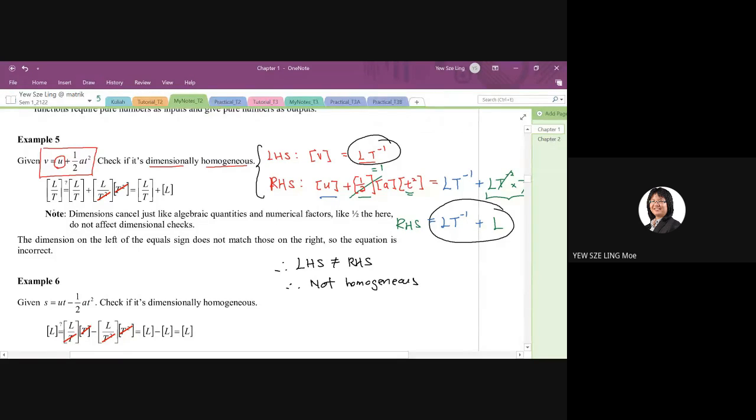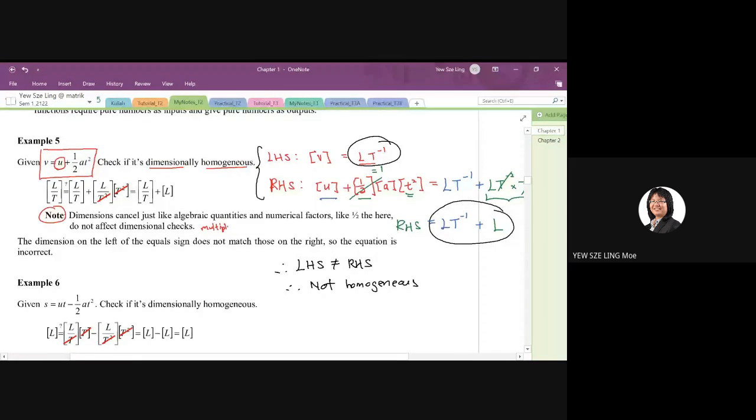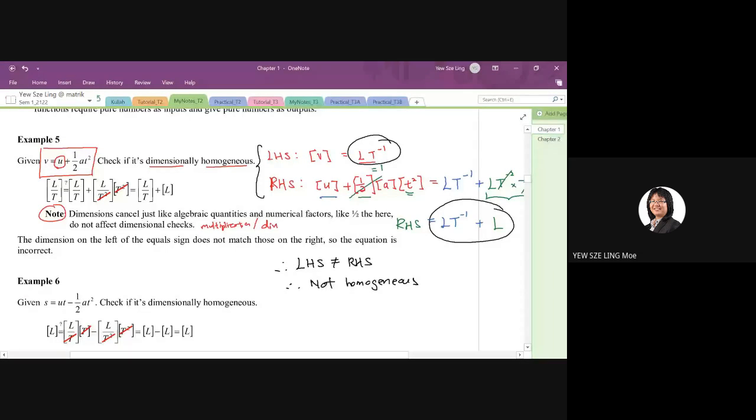So you look at the notes in the example. Here it says notes: dimensions cancel just like algebraic quantities, and numerical factors, like half in the equation, do not affect the dimensional check. So for multiplication or division, you can do it like how you solve equations, how you do a numerical simplification.